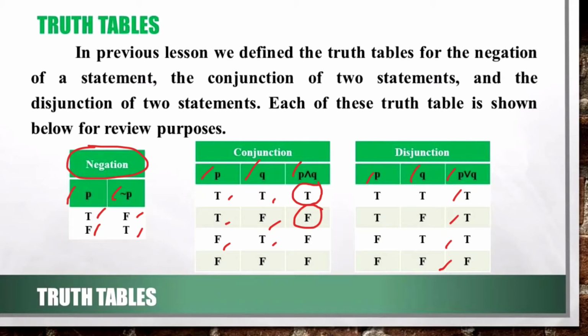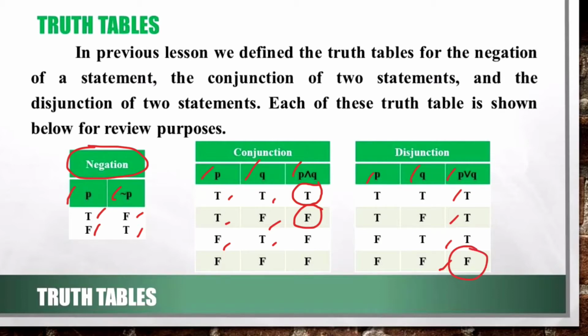So again, if there is at least one true in the disjunction, using the connective or, its truth value must be true. But when both are false, its disjunction is false.